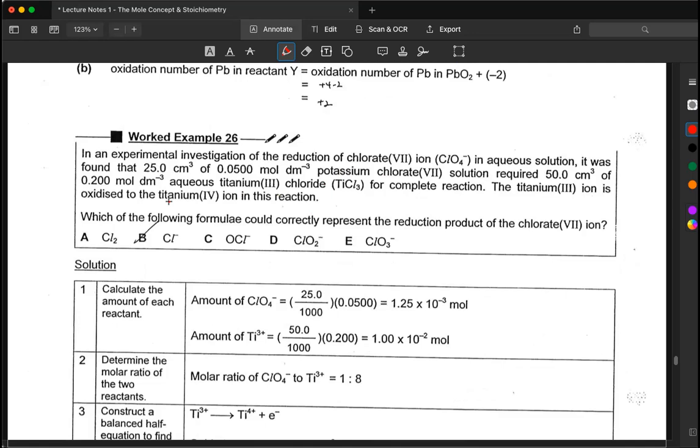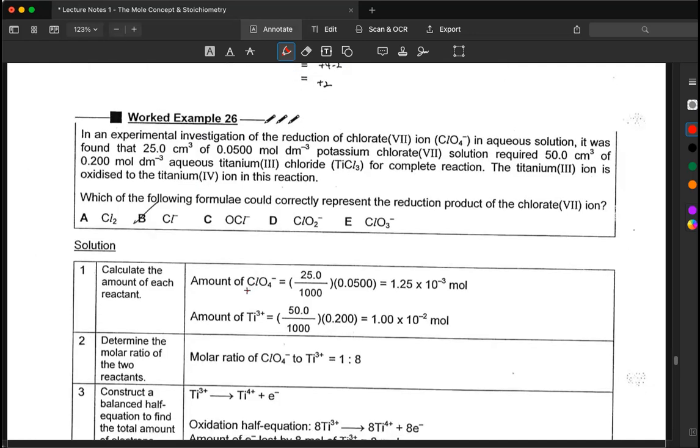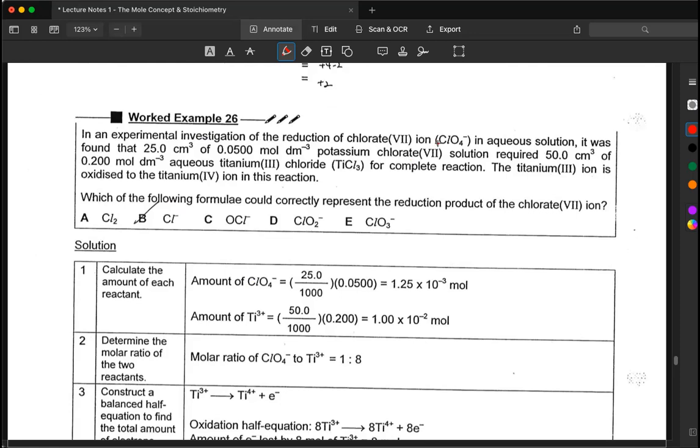Which formula represents the reduction product? Okay, you need to calculate the mole. So you calculate the mole of ClO4 minus first. You will get 25 divided by 1000 times the concentration. And then you calculate the mole of titanium 3+, which is also given.